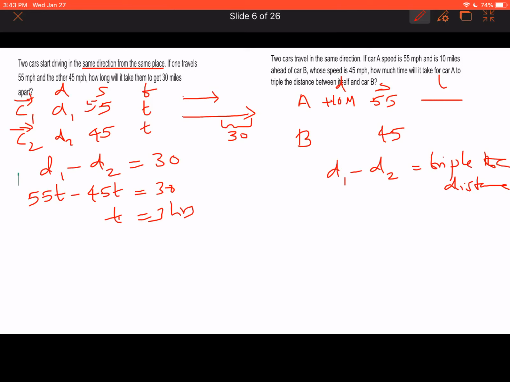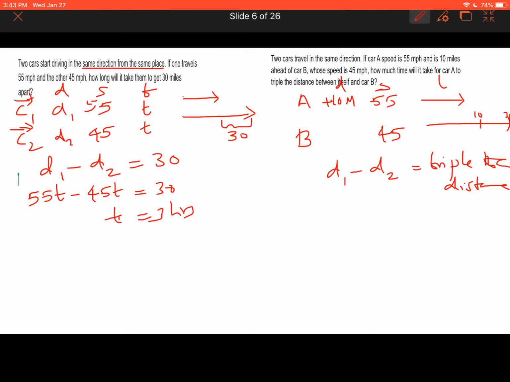So that is car A and car B. Okay, the thing is it has traveled already 10 miles ahead, and now they want to know the distance after the 10 miles to 30 miles.